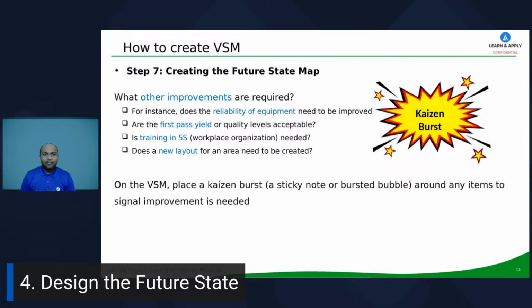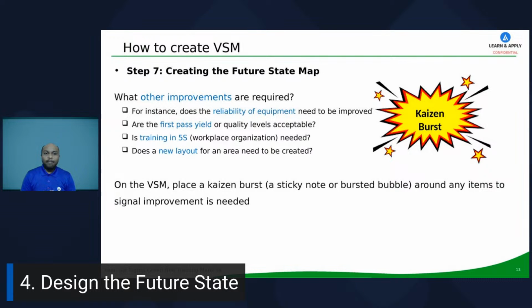Based on that, we can also look for areas for improvement and mark them with a Kaizen burst. A Kaizen burst indicates the symbol or the step at which we need to do some kind of improvement. Like we can think about improving the reliability of the equipment, or improving the first pass yield of the equipment or the particular product.